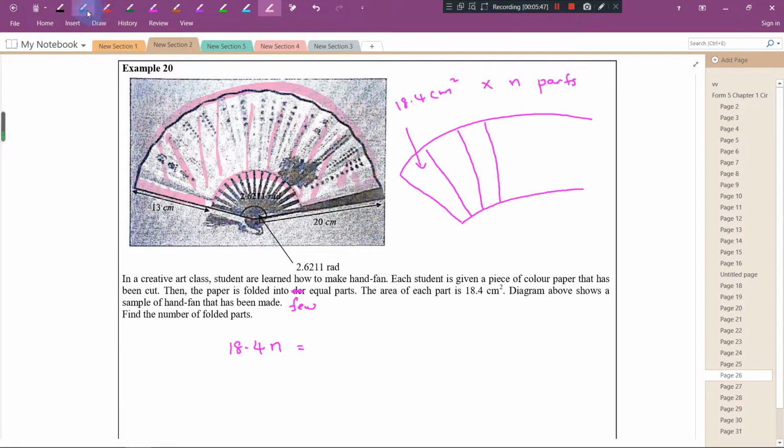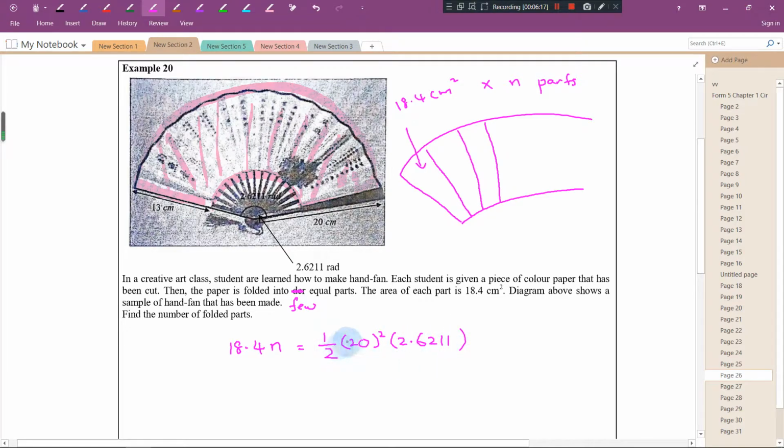Okay, now let's focus on the big sector first. What is the formula? 1 over 2 r square theta, the r is 20. 1 over 2 r square theta, the theta is 2.6211.